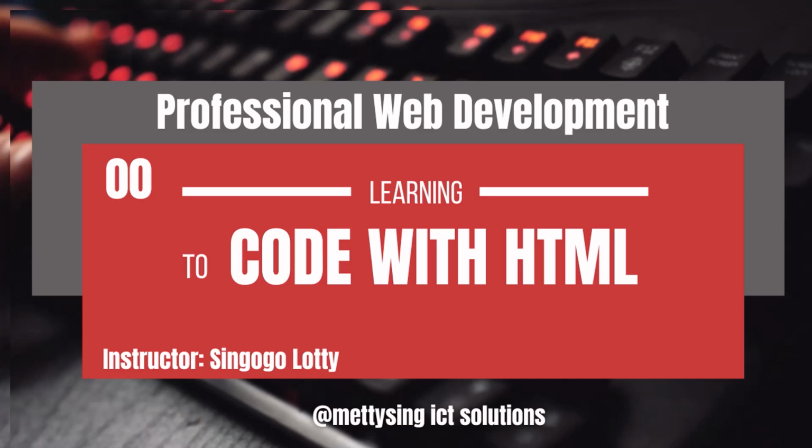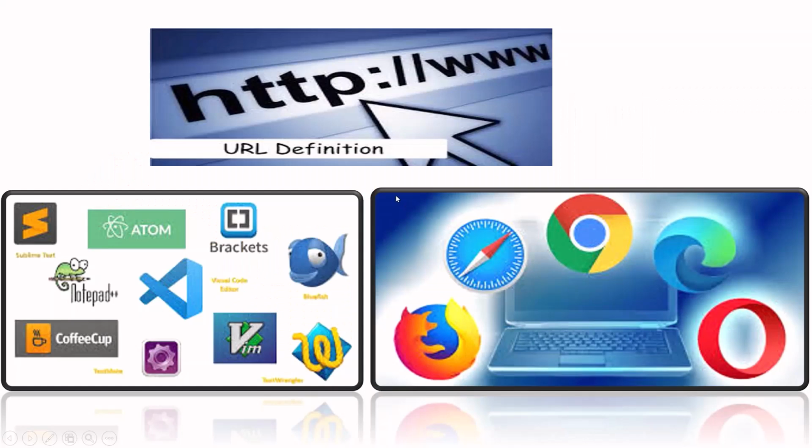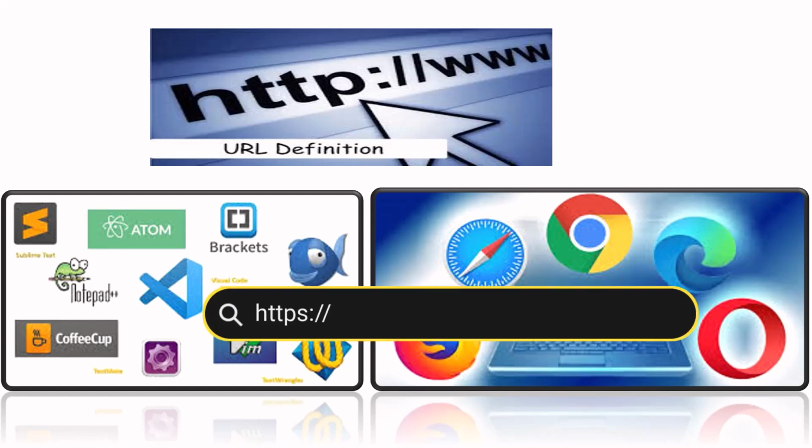Now that we've defined HTML, I want us to look at the URL that is being displayed up here, starting with HTTP, which is just a protocol here. So if you are watching this video, I take it that you've been able to open websites. You've interacted with different websites.